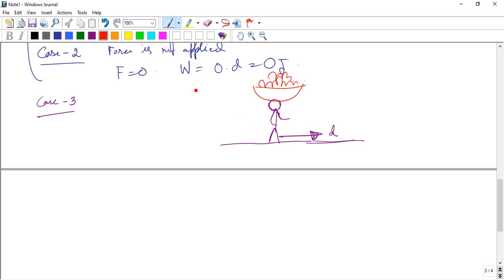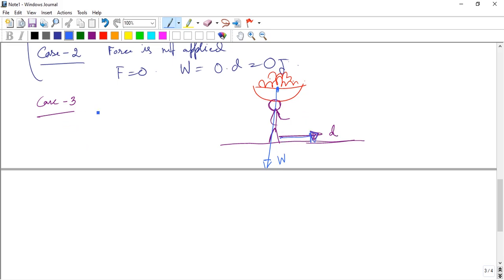So we know that the weight is downward, the force is also downward here, and the person is displaced in that direction.